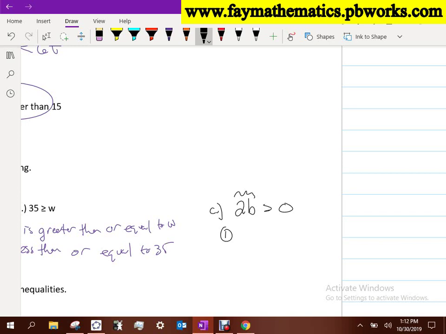Okay, so you can write 2b is greater than 0. Wait, how about 2 and the letter B? Okay, so then what word are you going to tell me that's making your 2 and your b kind of come together? Product or times, right? Okay, so I'm going to write the product of 2 and b.